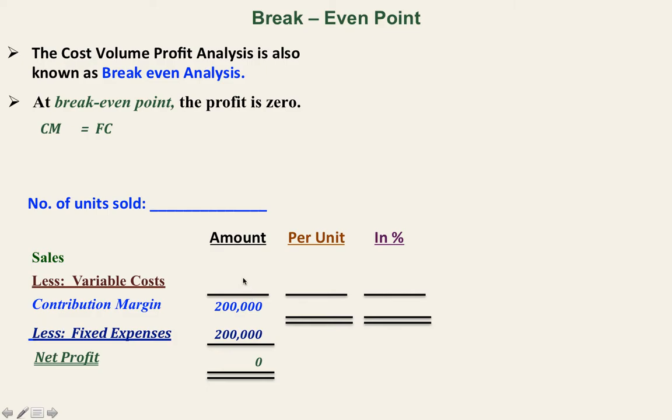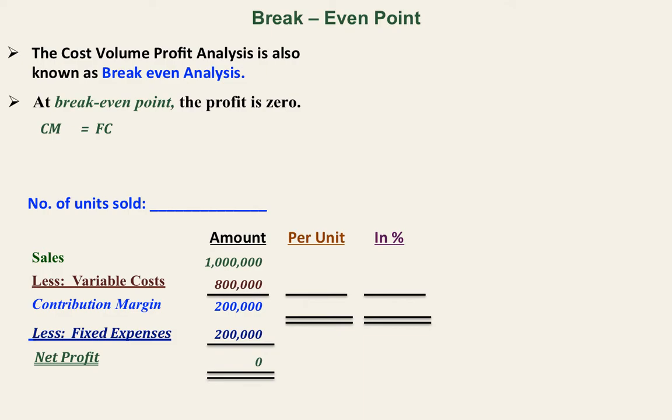If you have a contribution margin higher than fixed expenses, then that will be your profit. In this case, if we have sales of 1 million, how much will be your variable cost? 1 million minus 200,000, so your variable cost will be 800,000.